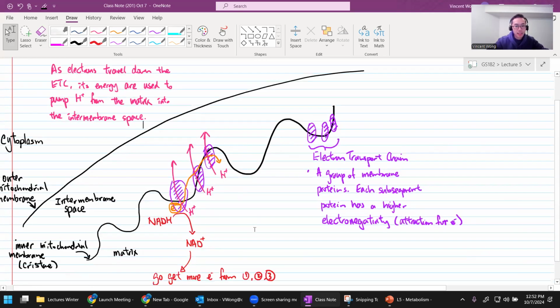So this is the matrix in here. This is the intermembrane space. And then we are pumping H plus over.